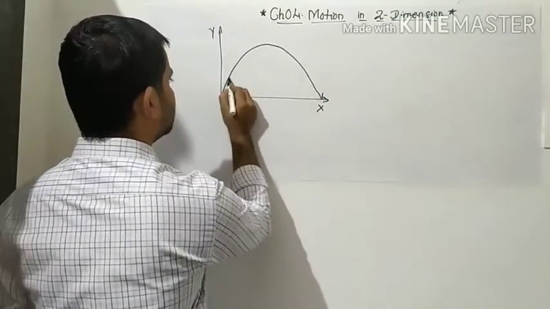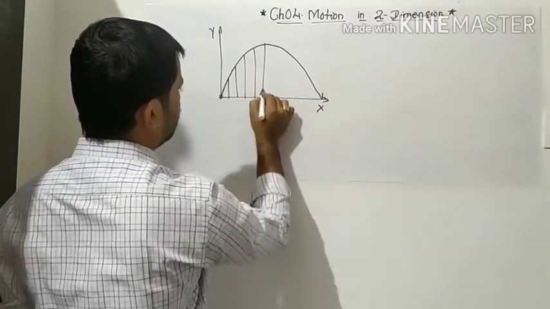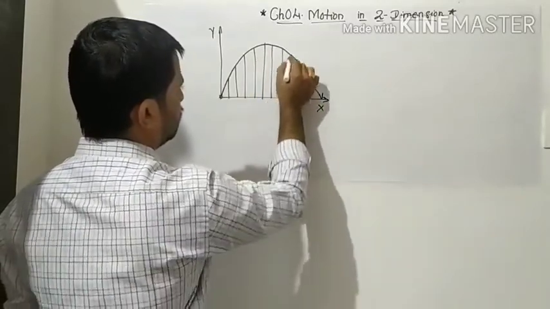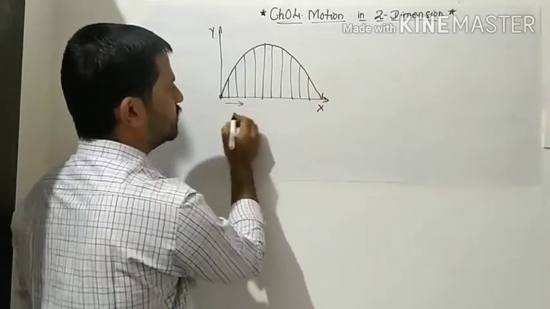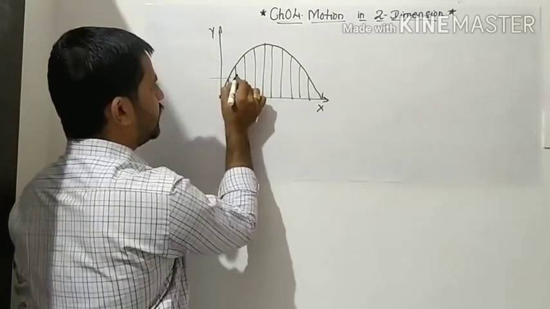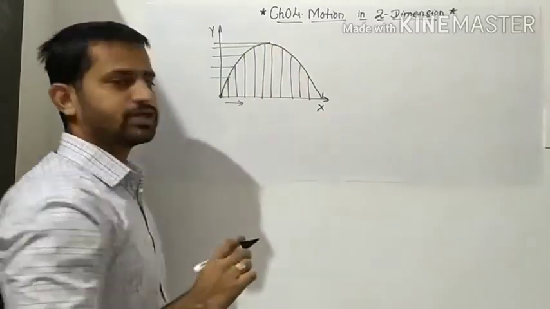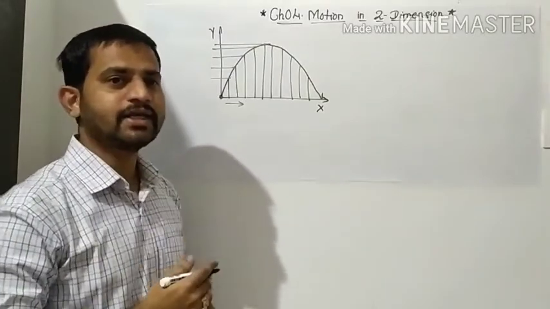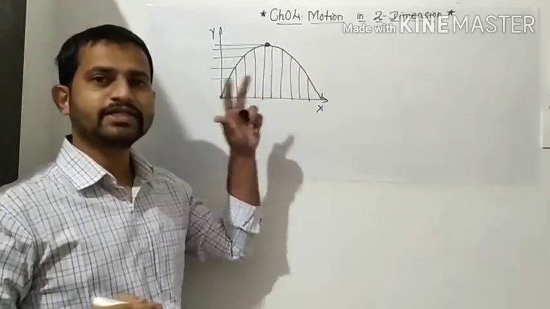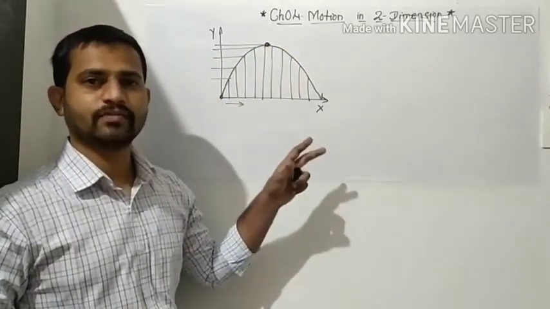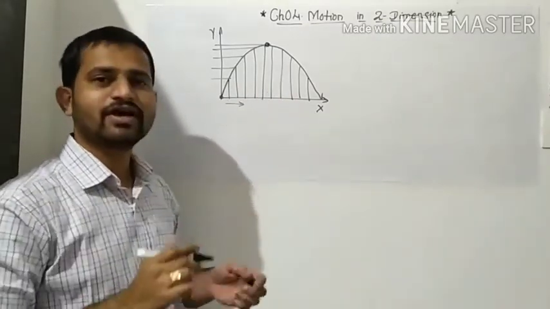During this, with respect to time, with respect to this horizontal direction, its vertical height is increasing, and up to this point, which is the highest point that the ball can reach.